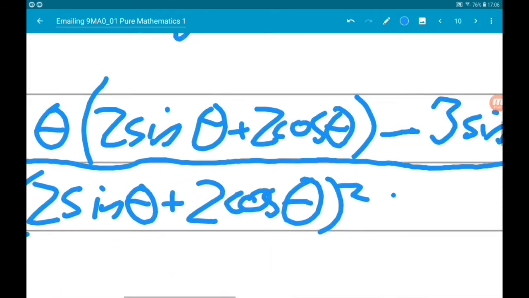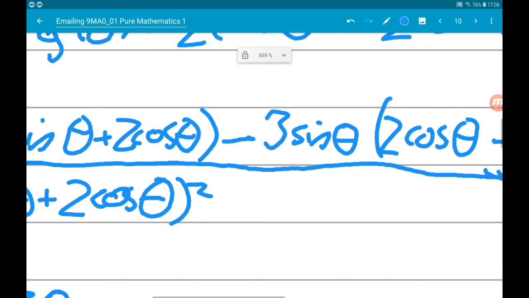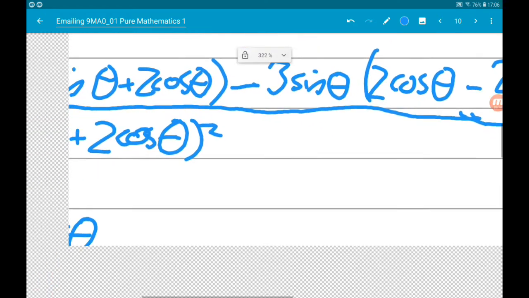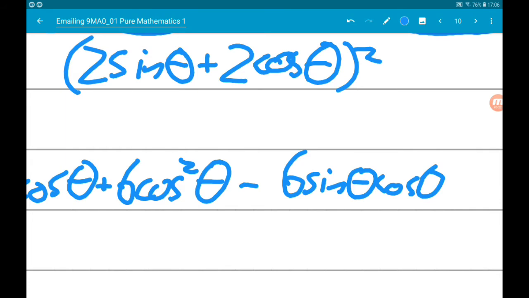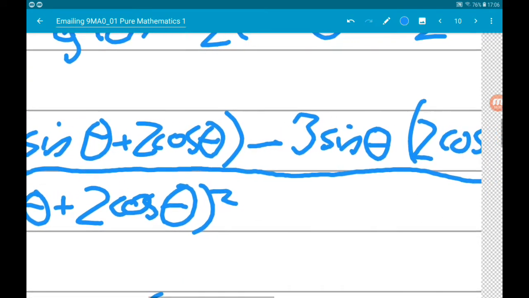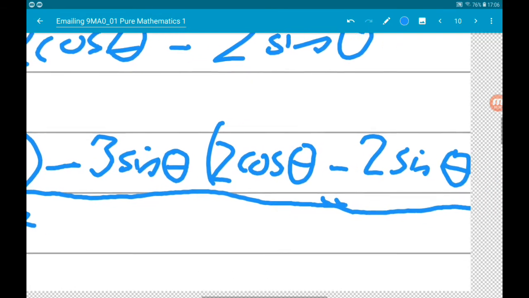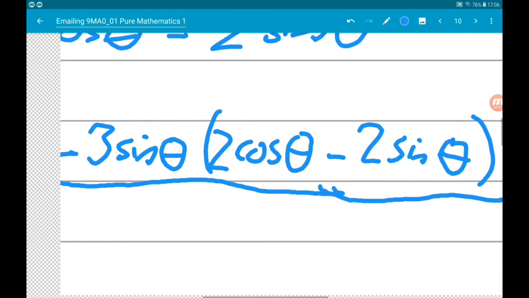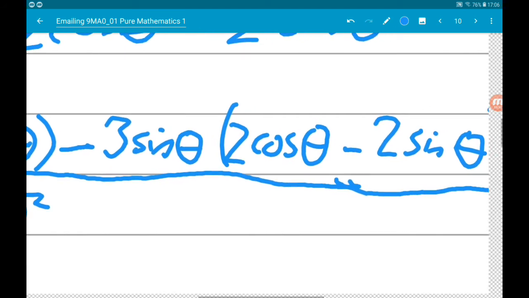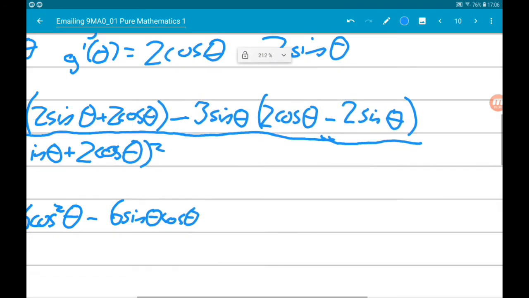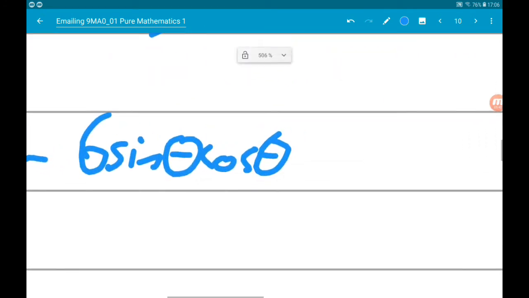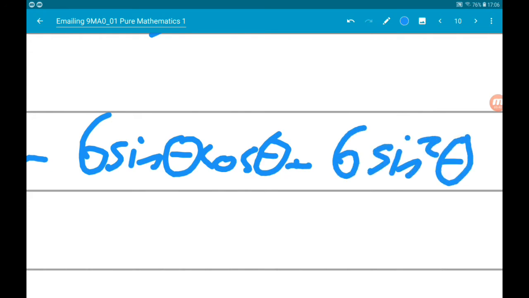Okay, and then we got minus 3 sine times 2 cos, so minus 6 sine theta cos theta, and then we're going to get minus 3 sine times minus 2 sine, which is going to give us plus 6 sine squared of theta.